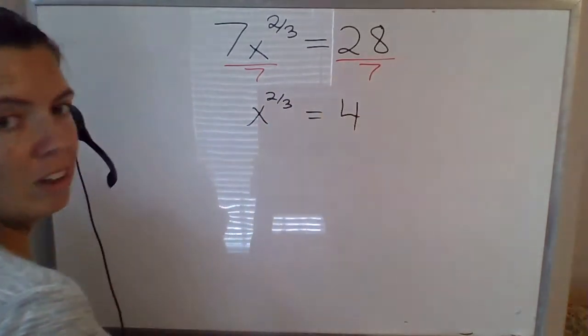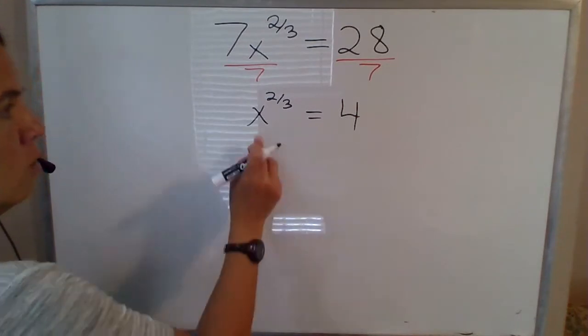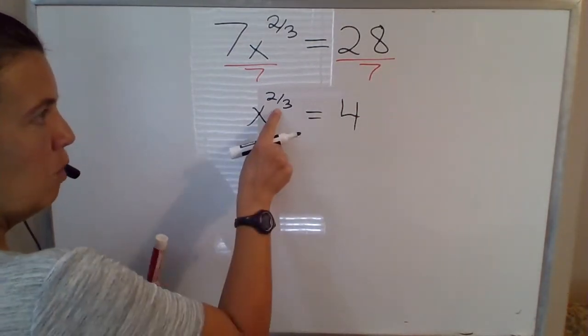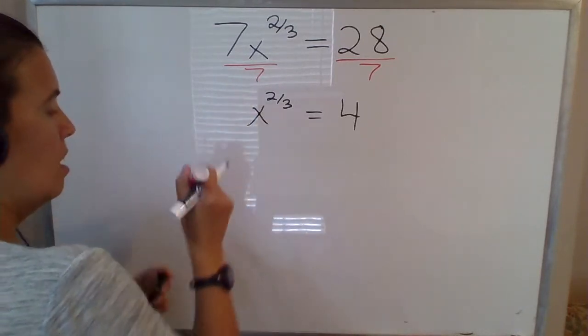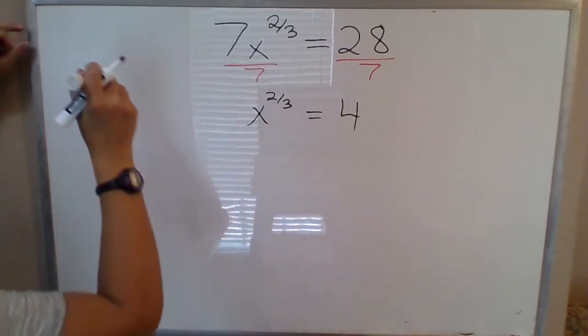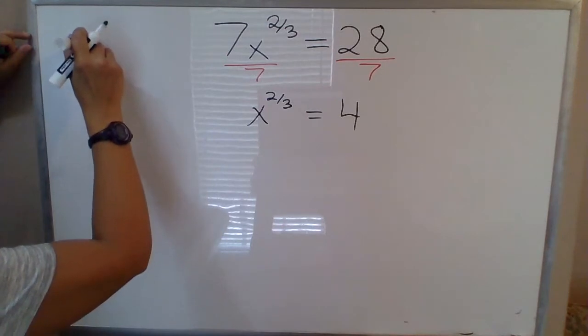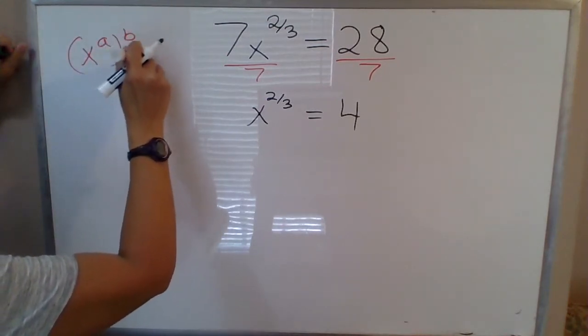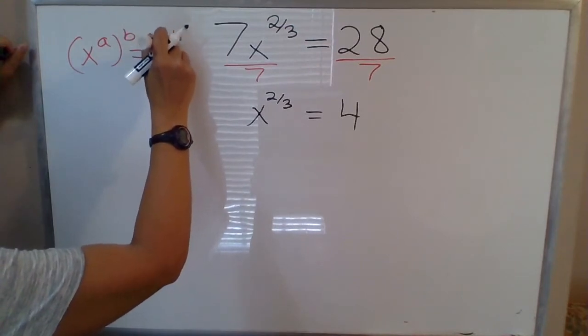We get 4 here. Now, in order to get the x by itself, I want to get rid of that exponent. Keep in mind this property of exponents: x to the a raised to the b is x to the a times b.